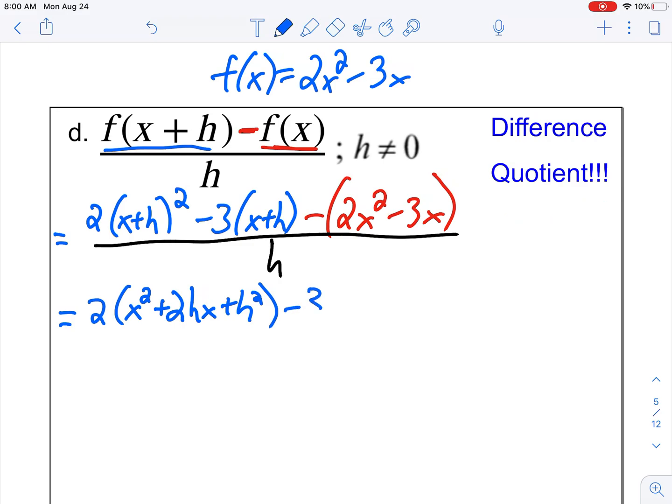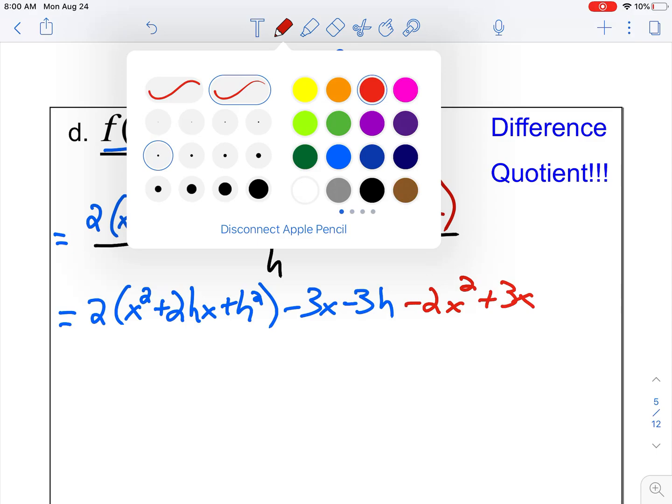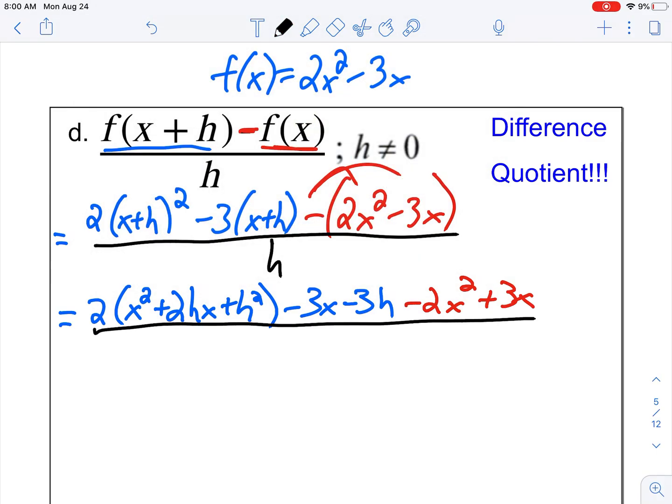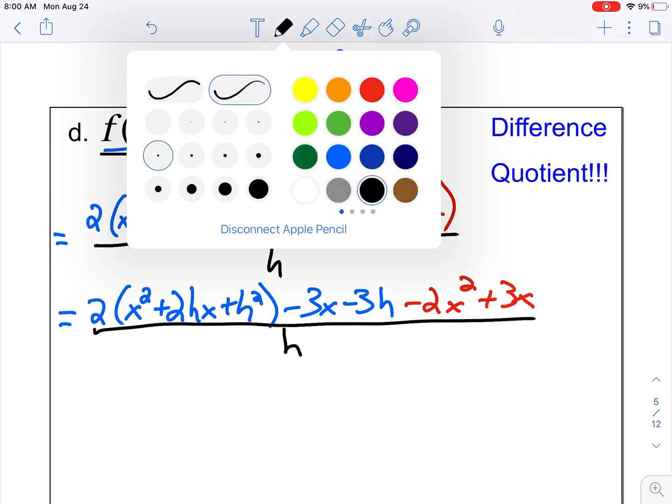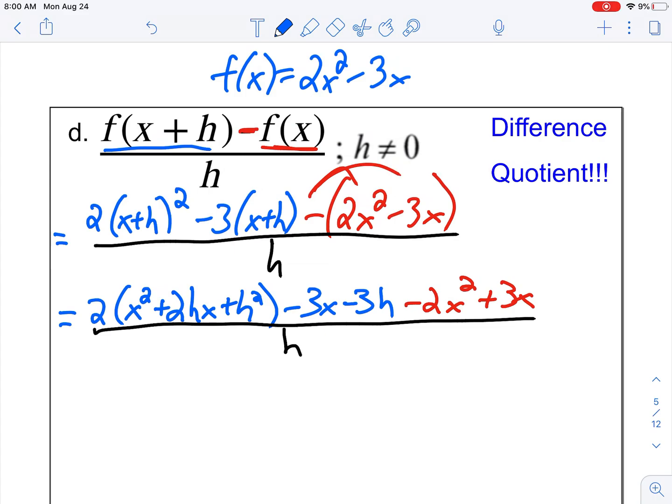And then minus 3, I'm going to distribute this negative 3 in just like I did in the last problem. Negative 3x minus 3h. In red, I'm going to distribute the negative in. So this is negative 2x squared plus 3x. And this is all over h still. All right. So this isn't technically really a hard problem. This is just a little bit of work.